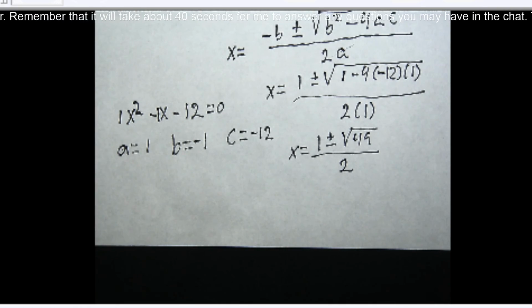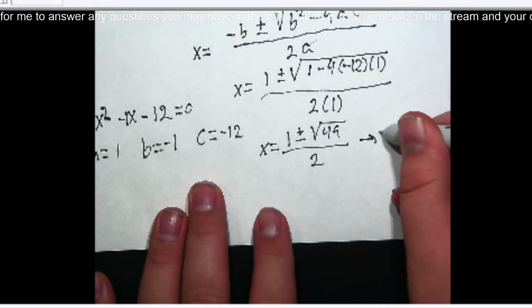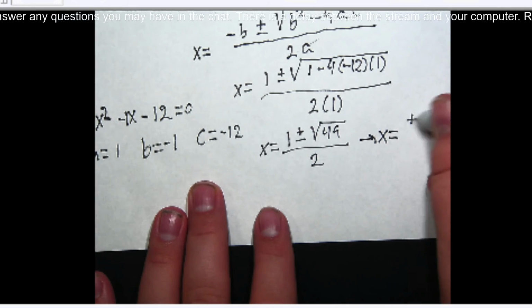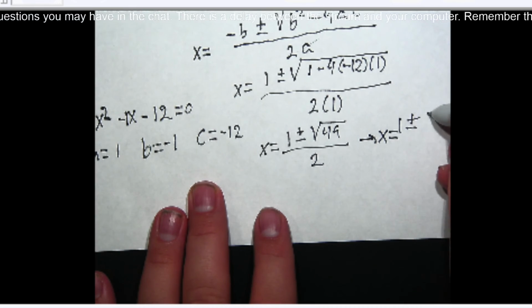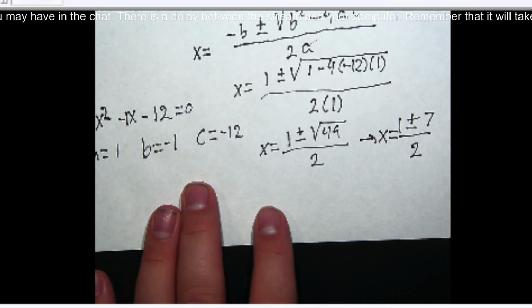So it quickly simplifies down to this. What's the square root of 49? 7. So what we really have is x equals 1 plus or minus 7 over 2.